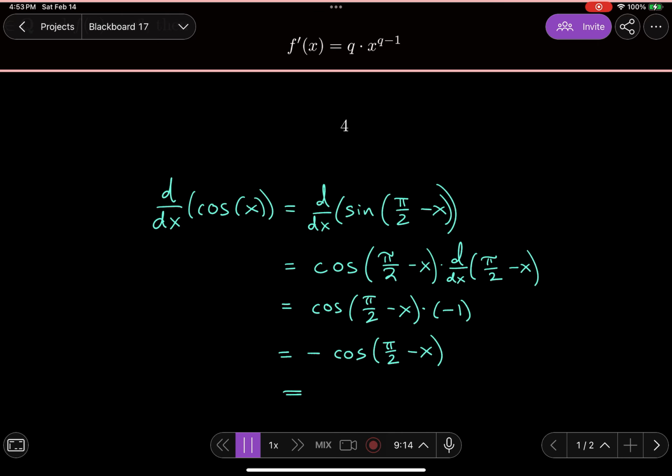And that is the same thing as, so that we're going to do the opposite complementary angle identity on sine and cosine. Indeed, this thing is the same thing as sine. That's not a calculus fact, that's a trigonometry fact. So the cosine of pi halves minus x is the same thing as the sine of x. That's what I'm going to use right here.